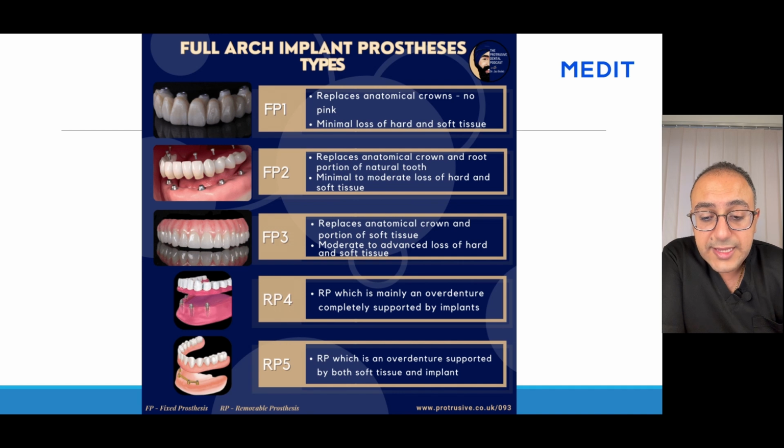The RP4 is mainly an overdenture completely supported by implants, and the RP5 is an overdenture supported by both soft tissue and implants. So before starting your case, you have to realize in which category your final teeth will fall within: the FP1, FP2, FP3, RP4 or RP5.